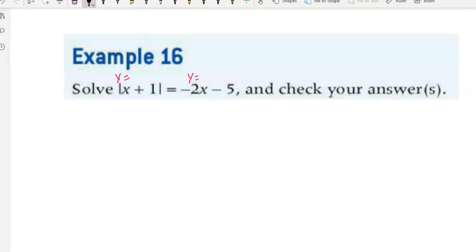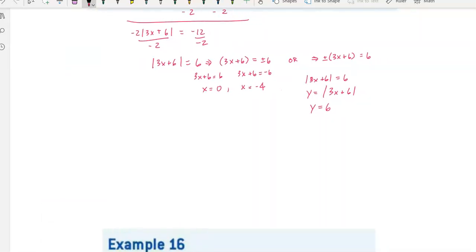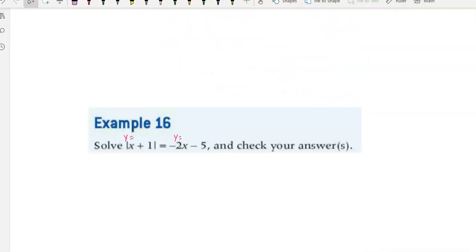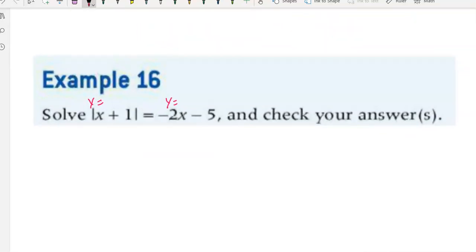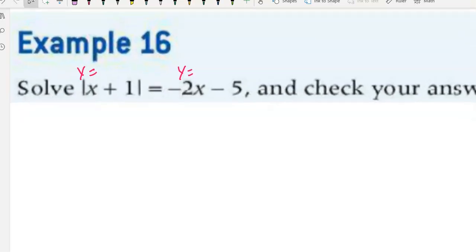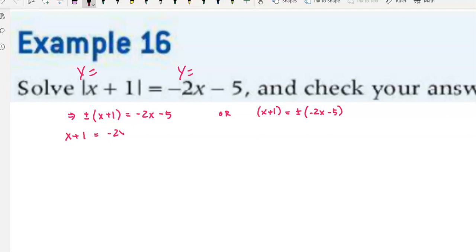Wait a second. Did I skip one? No? So once again, you can either do plus or minus: x plus 1 equals negative 2x minus 5, or x plus 1 equals plus or minus negative 2x minus 5. Up to you. Okay. x plus 1 equals negative 2x minus 5.